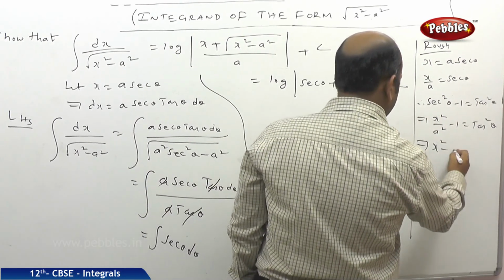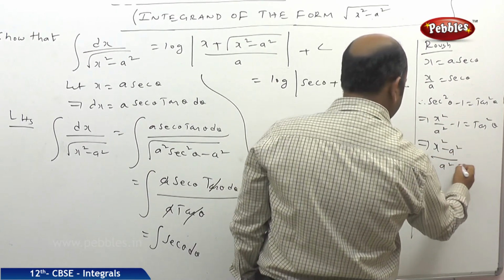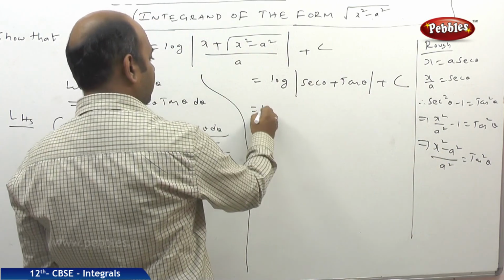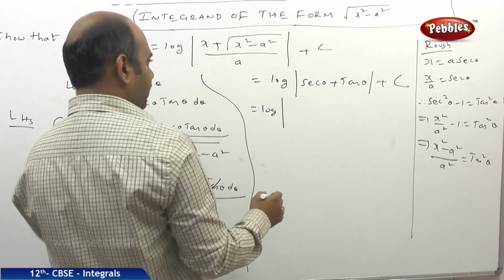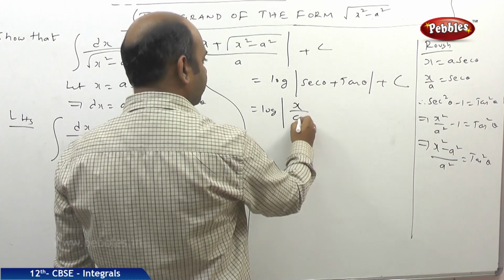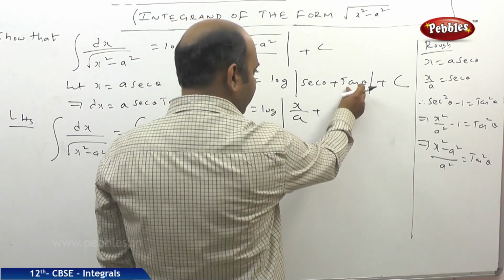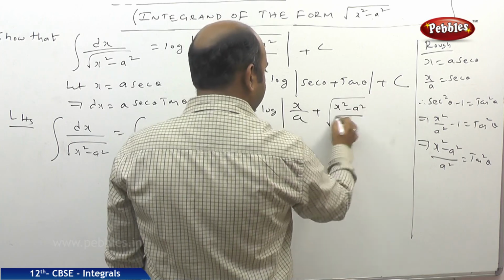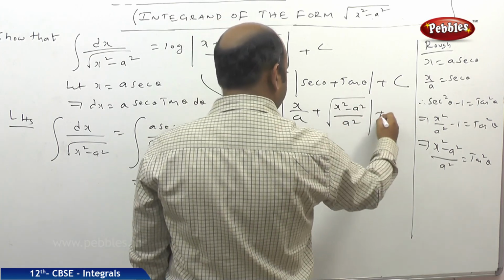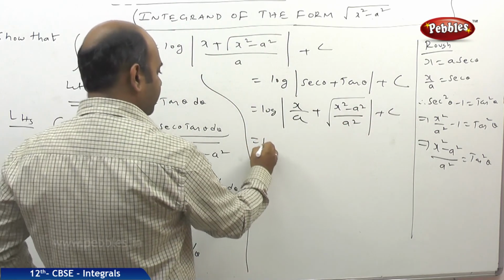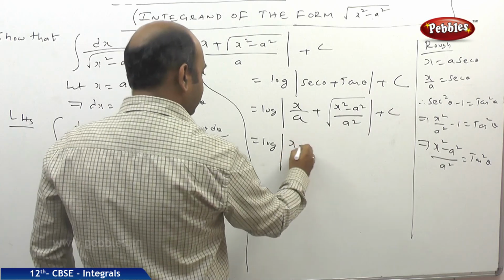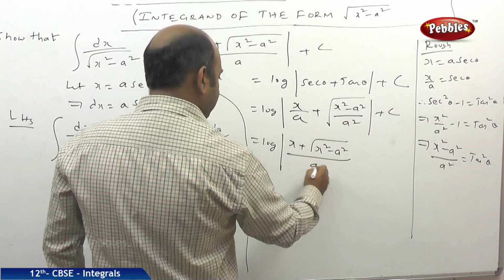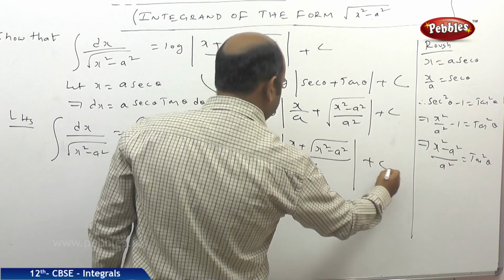So x square minus a square by a square is equal to tan square theta. So here log mod, in place of secant theta x by a plus, and here tan theta is there, so I'll put root of x square minus a square by a square, plus c. So what happens? Log mod x plus under root of x square minus a square by a plus c.